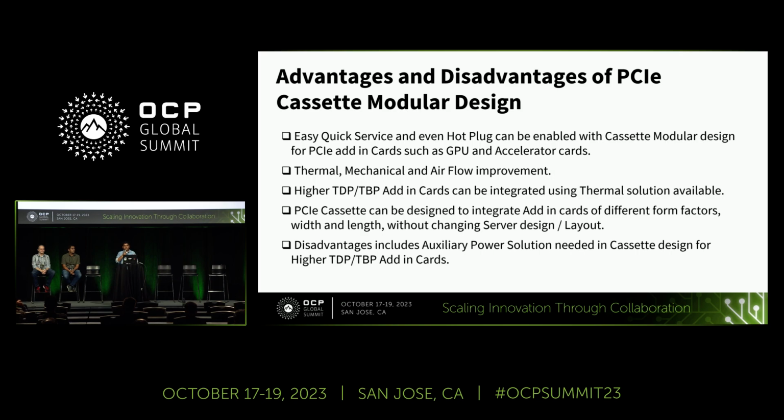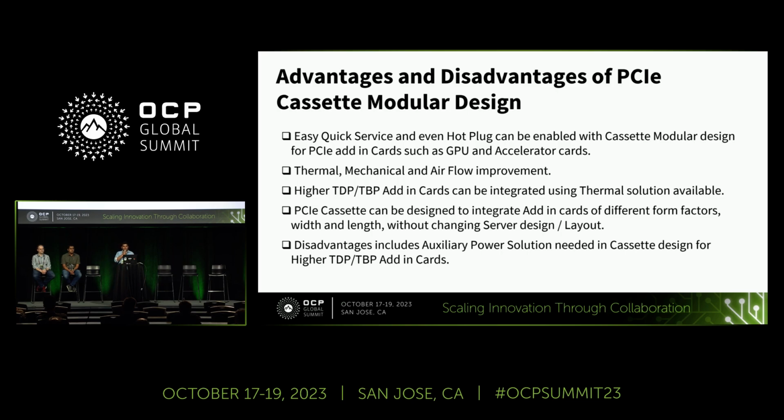With these cassettes, we definitely will address the issues we have seen from the past, which were the GPU cards and accelerator cards in the top-loaded riser cards in the chassis server. The higher TDP cards can be addressed with all these thermal solutions that we have currently, which range from air-cooled with a fan dedicated for the cassette to liquid cooled with the cold plate solution that is available right now.